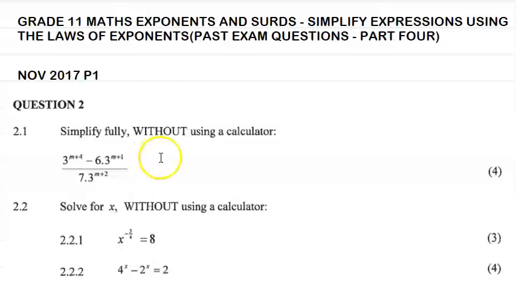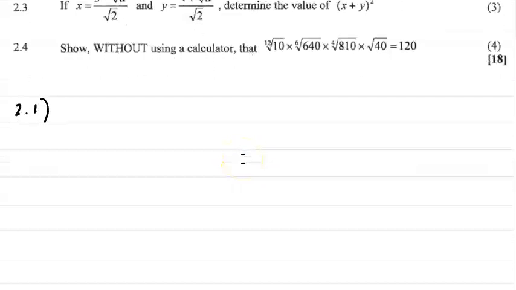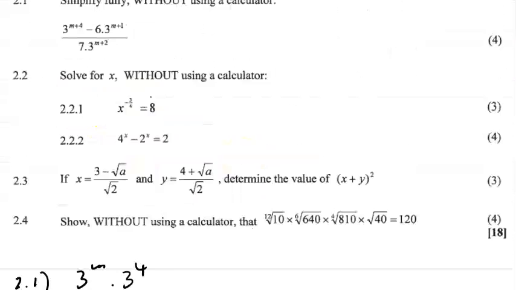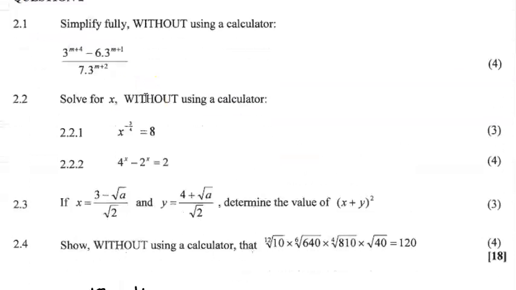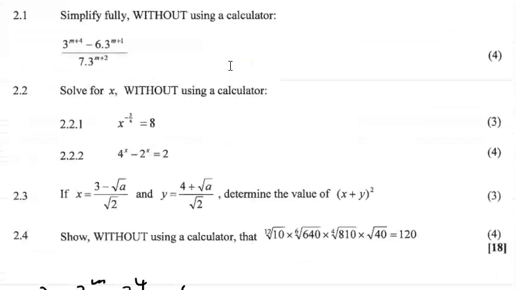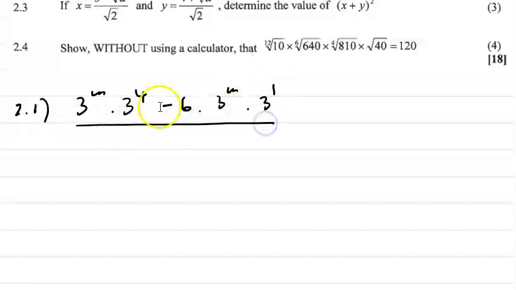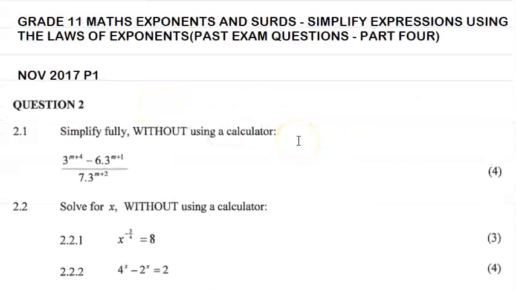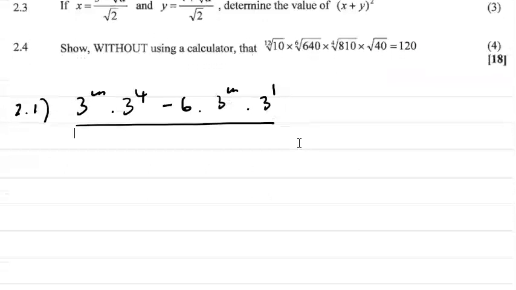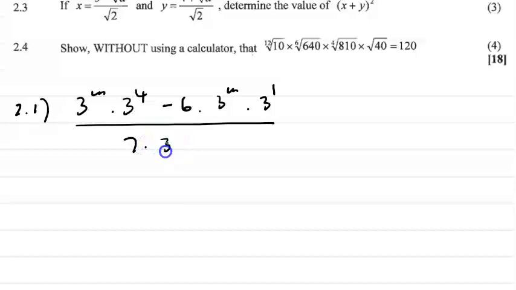But let's write as separate terms first: 3 to the m times 3 to the 4, and here we have minus 6 times 3 to the m times 3 to the 1, all over 7 times 3 to the m times 3 squared.